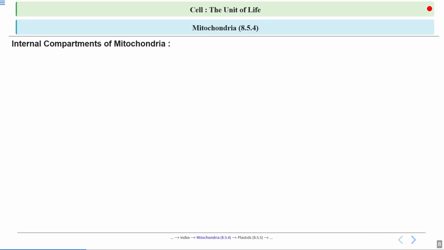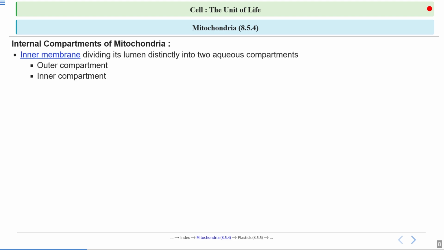Now let's talk about the internal compartments of the mitochondria. The inner membrane divides the lumen of the mitochondria into two aqueous compartments. Aqueous compartments means liquid compartments. These compartments are filled with some liquid, some fluid. Now imagine the inner membrane of the mitochondria.